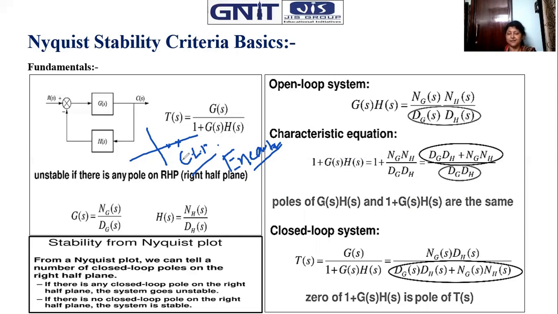G(s) makes the closed loop transfer function, where 1 plus G(s)H(s) represents the characteristics equation. So the roots of the characteristics equation are nothing but the closed loop pole positions of the system.